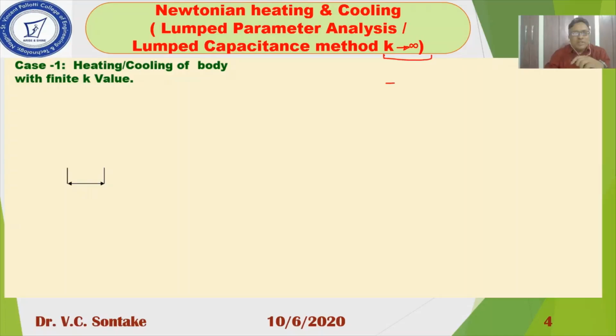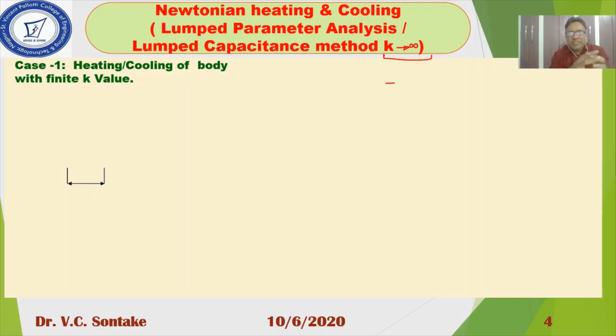Now, in order to understand Newtonian heating and cooling, first let us consider case 1, where heating or cooling of a body takes place having a finite thermal conductivity value. In actual practice, the thermal conductivity of almost all objects has a finite value.